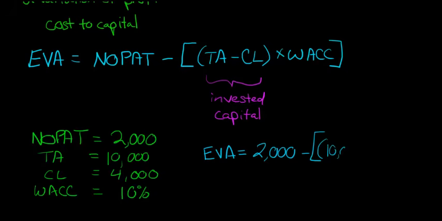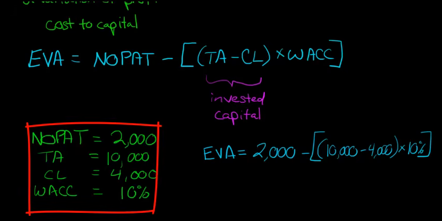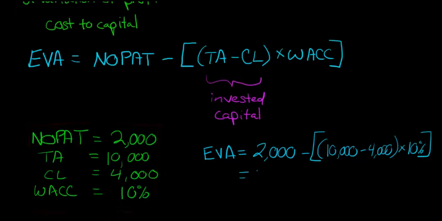So 10,000 minus 4,000 times the weighted average cost of capital, which is 10%. I'm just getting these numbers from over here, just plugging in. So now we've got the 2,000 minus, this is 6,000 times 10% is 600. So that tells us that the economic value that we've added is 1,400, right?